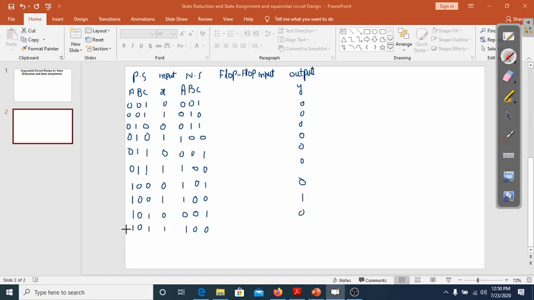Here I have to use RS flip-flops. So this one is the first, the most significant flip-flop.